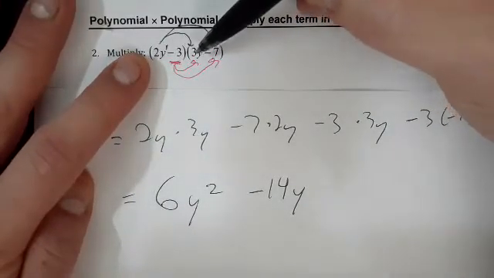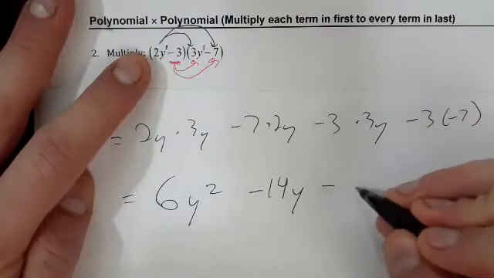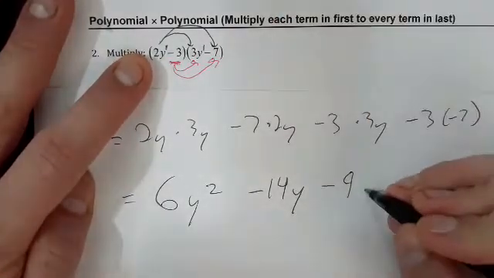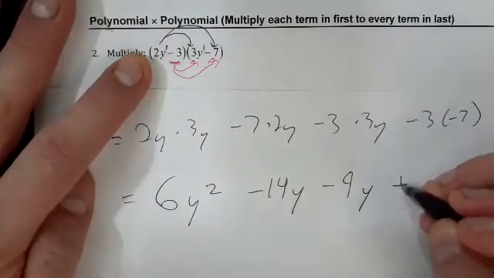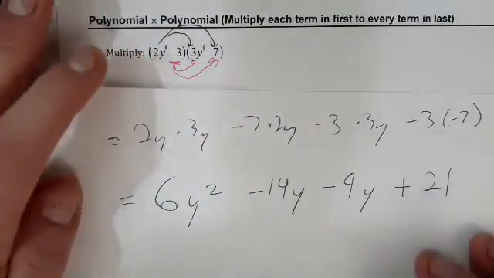Minus 3 and 3y gives me minus 9, and these have a single y attached. I have minus 3 and a minus 7, that's going to give me plus 21.